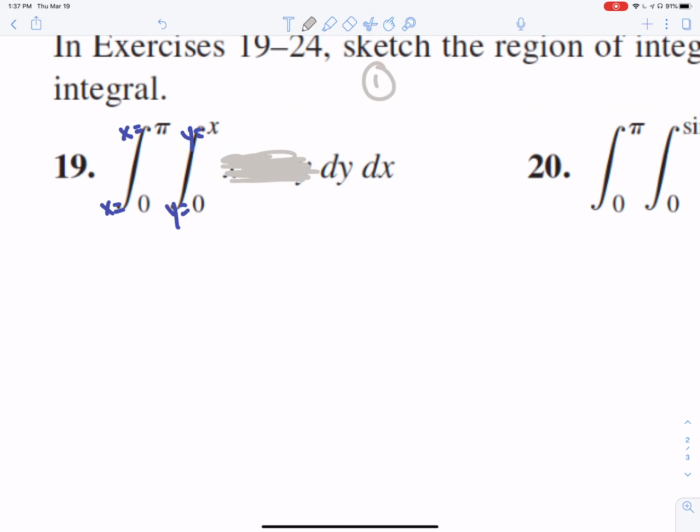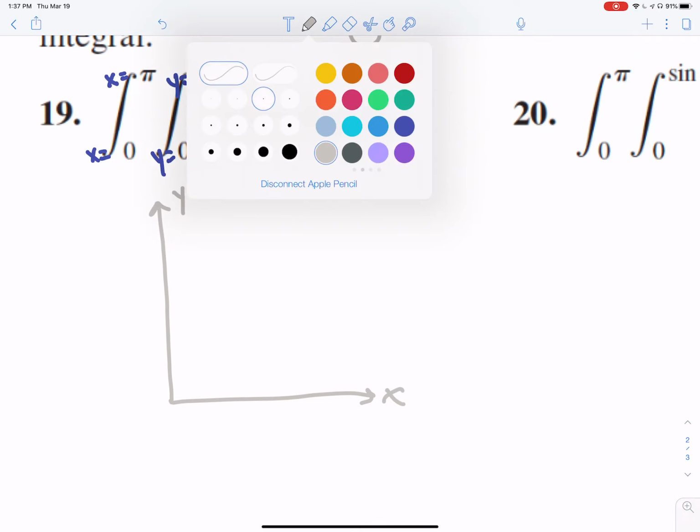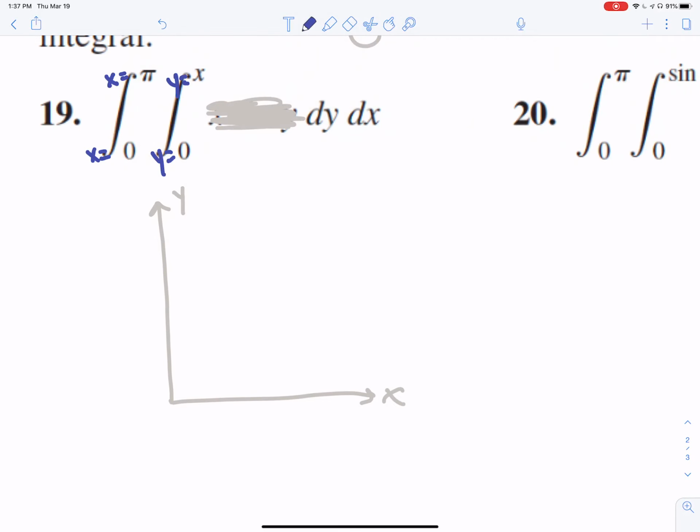We're drawing a region of integration, so we just are on the xy plane. And we know that in the y direction, we're going from 0 to x, so from y equals 0 to y equals x. And this function y equals x, that's our 45-degree line. So I'll just put that in there.